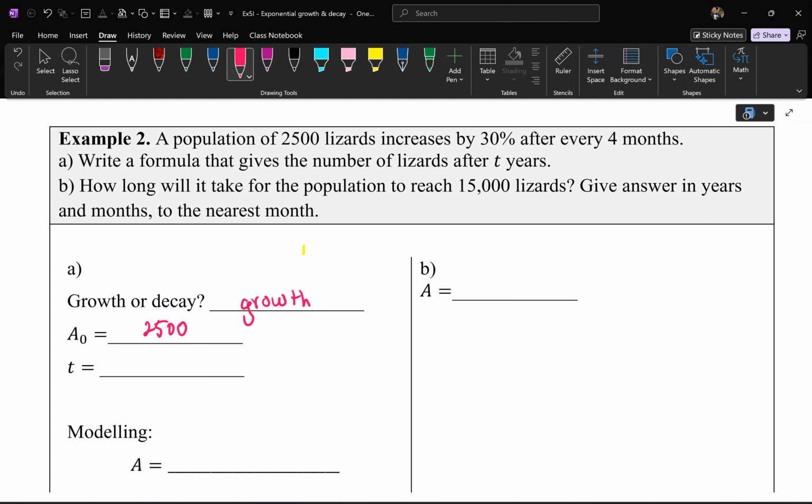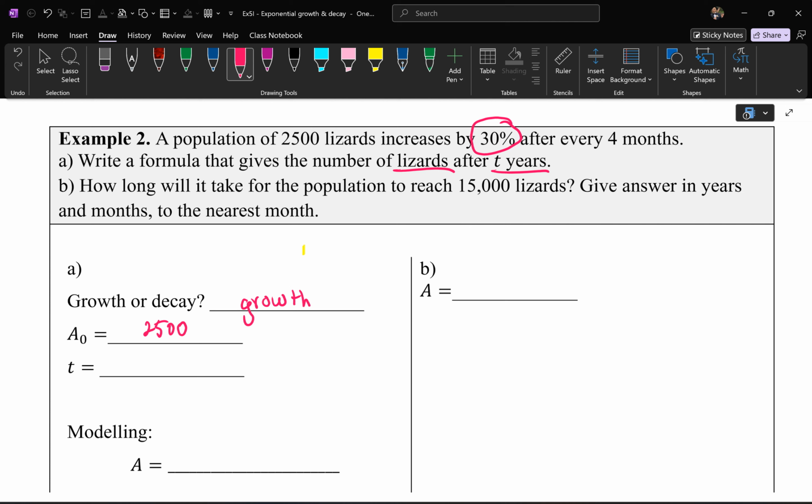They wanted you to write a formula that gives the number of lizards after T years. So in 1 year, hypothetically, every 4 months it increases by 30%. The first thing is, when we say increases by 30%, just like the compound formula, you have your starting amount, 2,500, which is 100% of itself, plus an extra 30%.